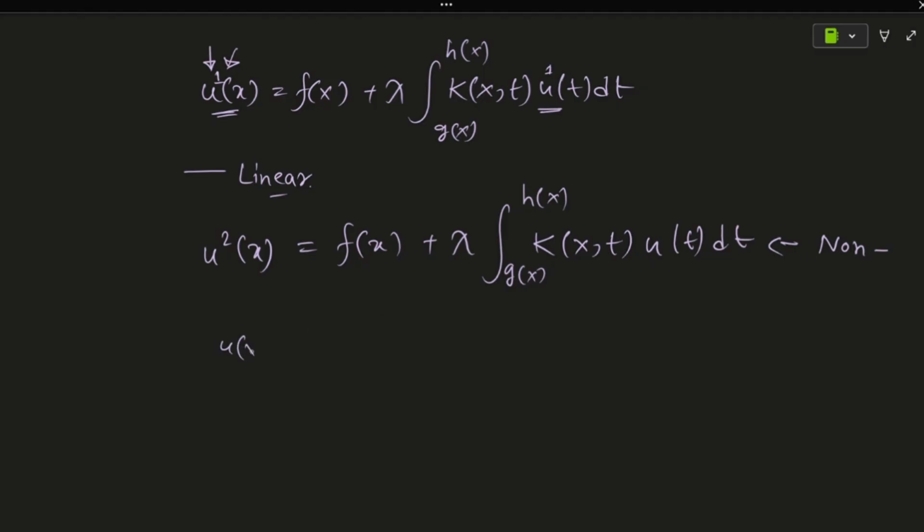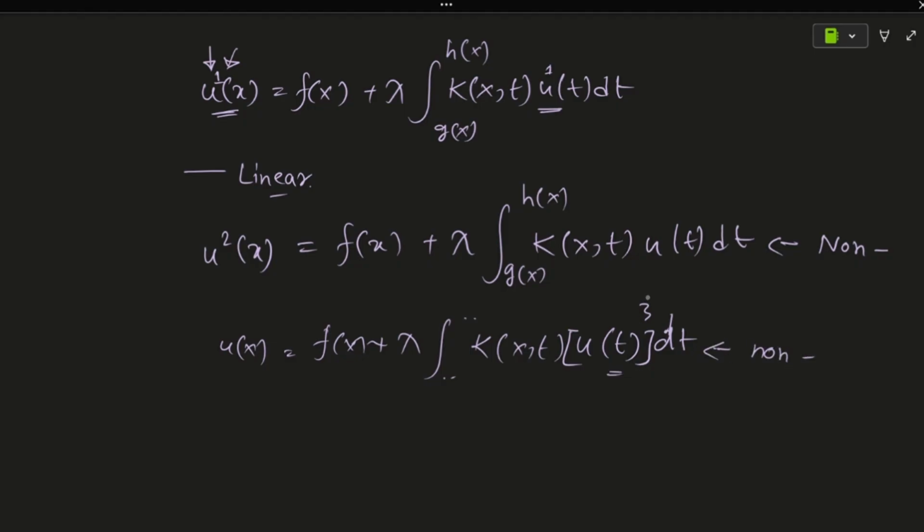Even this one, for example, or let's just keep them like this: x t, u(t) to the, let's say, third, dt. This is a nonlinear equation because the power of the function inside the integral is not 1. Even though it is 1 in some of them, if any one of them has a power that is not 1, then it's a nonlinear equation.